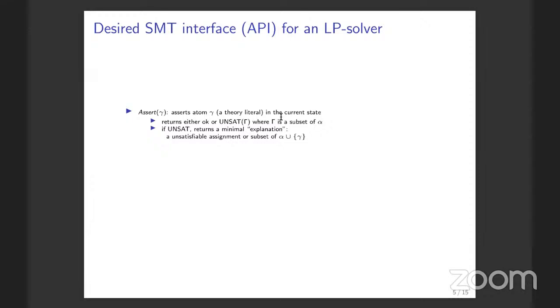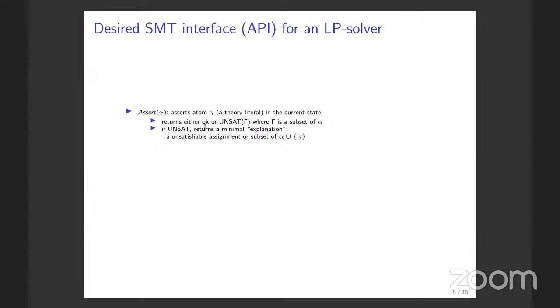Usually the LP solver assumes that all the constraints are available a priori, and then you just check satisfiability. That is a mode in which the theory solver can be used as well. But typically for SMT, for the DPLL, these literal assertions come one at a time.